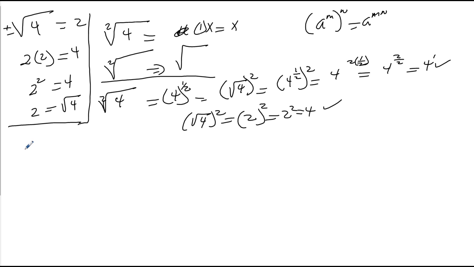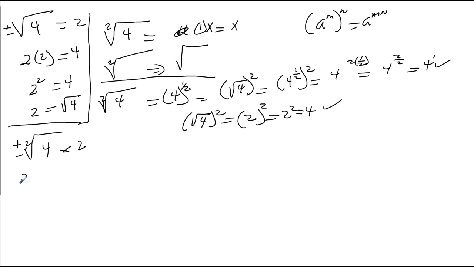Now, the reason why, when you take the square root of, let's say, 4, you're taking the plus and the minus, is because whenever that's the second root, remember that. What two numbers do you have to multiply together to get 4? The square root of 4 is 2.